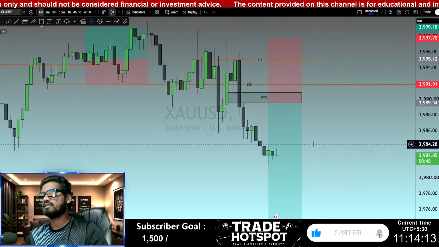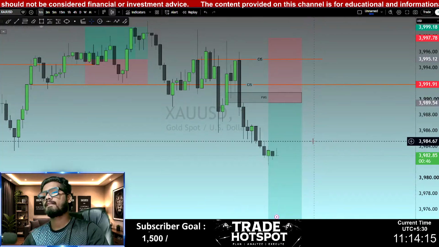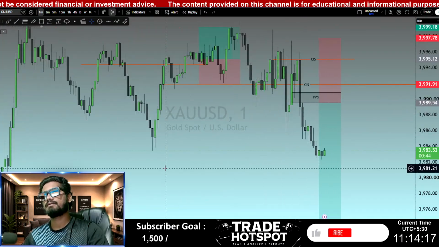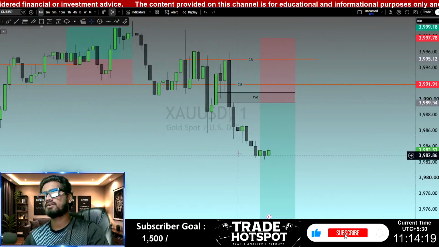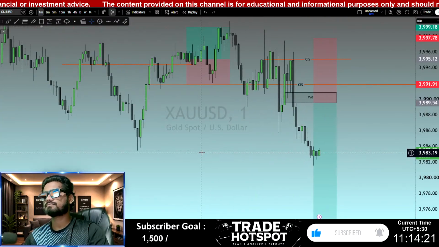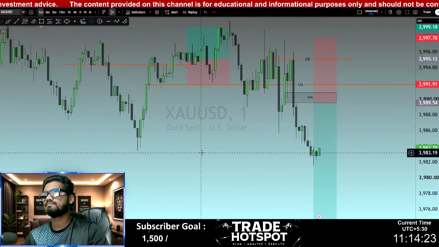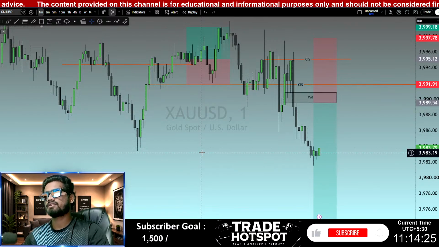Currently this candle is trying to take a retracement here. Gold is trying to take a retracement here.